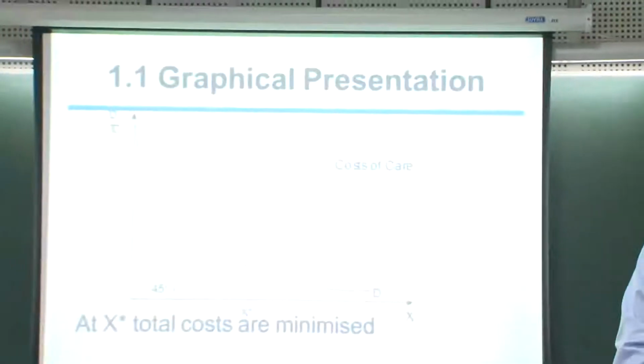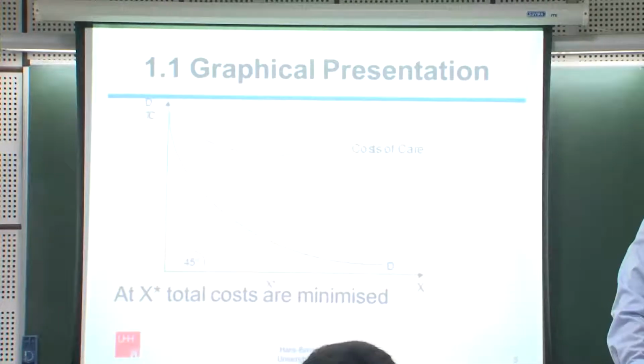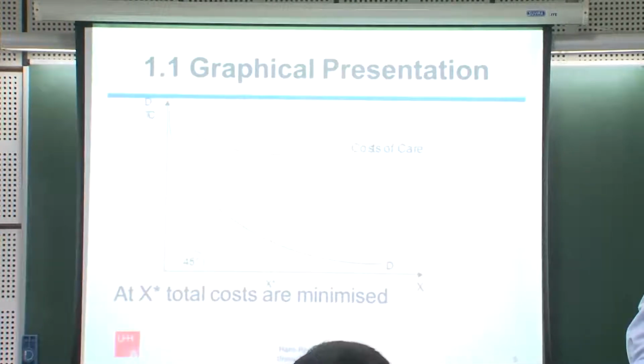It can be tort liability, it can be regulation of safety, and the mixture is different from country to country, and it varies also with the development of a country. So a rich country might have a different mixture of these different institutions than a poor country.